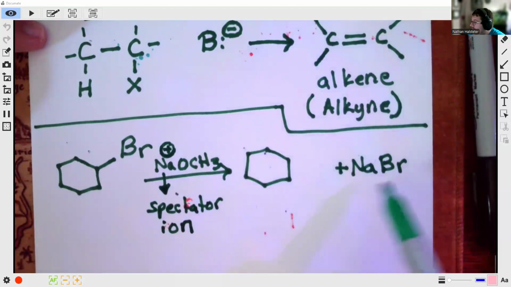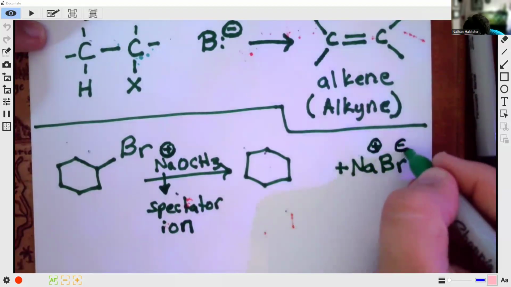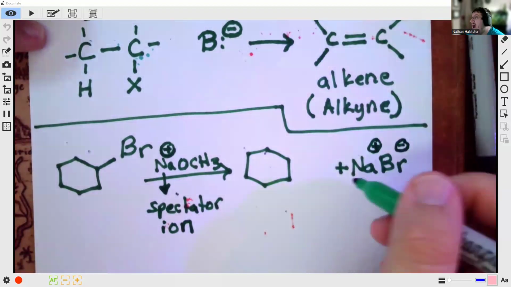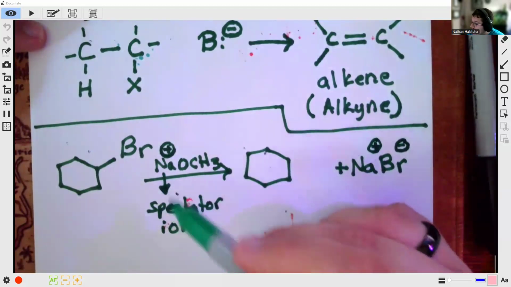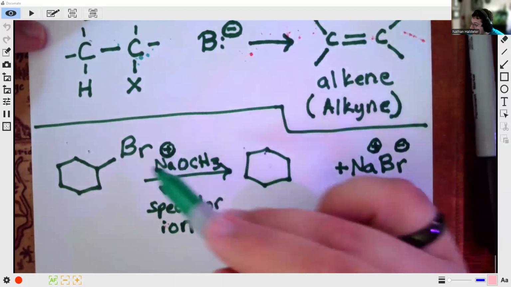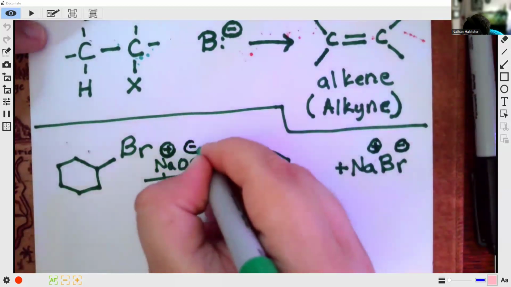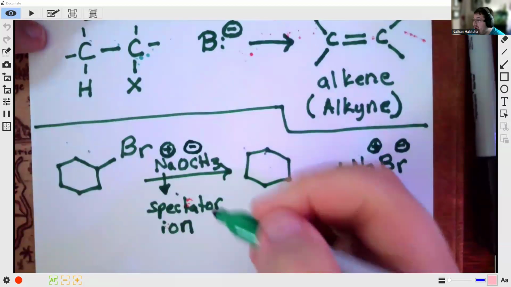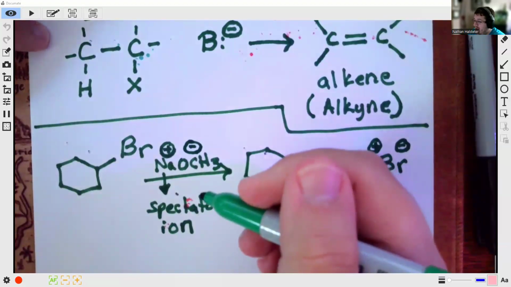You see over here, it actually forms this NaBr byproduct, which would be another inorganic compound having an ion-ion bond, or an ionic bond. All right. So if this is just a spectator ion and this is a plus charge, there's no overall charge when I wrote this. So it must be our oxygen has a negative charge. If it has a negative charge, that would make it a good nucleophile.